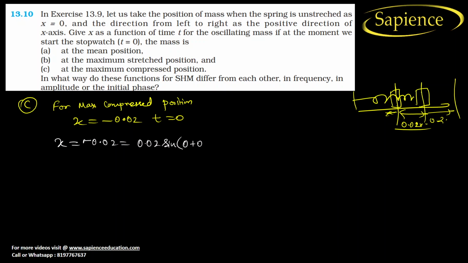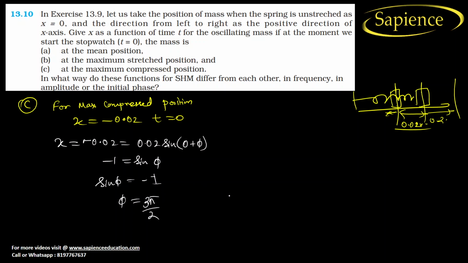So this will be 0 plus phi. So minus 1 is equal to sine phi. So from here sine phi is equal to minus 1, which means phi will be equal to 3 pi by 2.